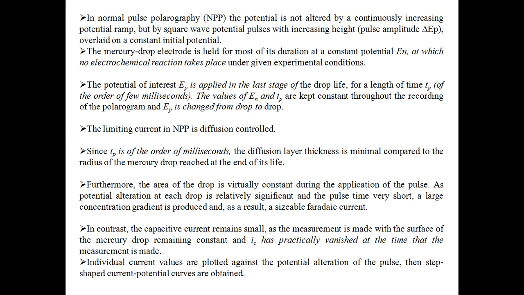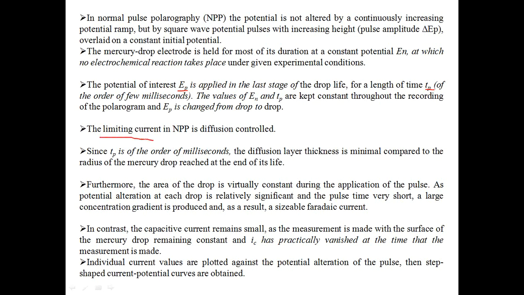So there is no redox reaction occurring in that part. And the pulse potential is applied at the last stage of the drop for a particular time Tp, that is the pulse time, for a few milliseconds, and during that time the current is measured.